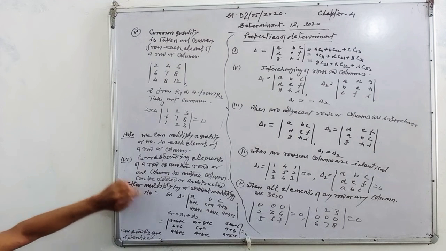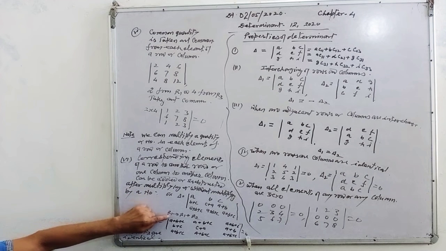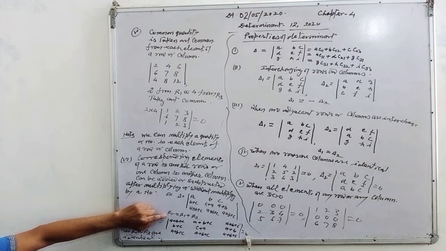By this property, we can add row to row corresponding elements, or column to column. So here you can apply R1 becomes R1 plus R2, and R2 becomes R2 plus R1 also you can do. So only R1 will change.